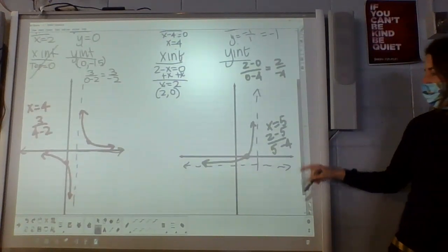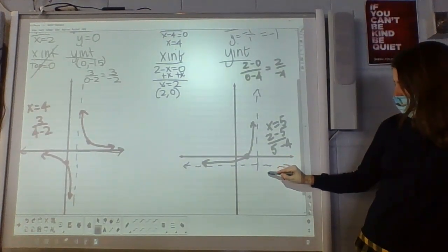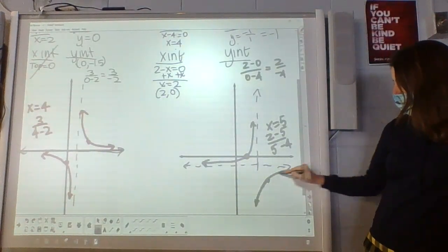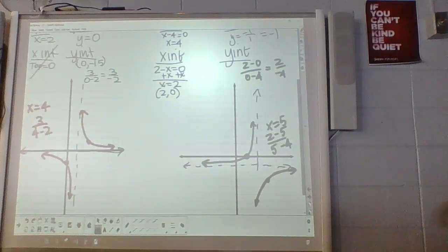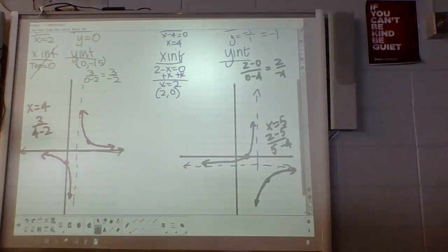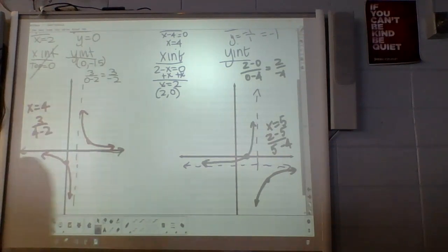So we're looking at the coefficients. So what's the coefficient in front of the x on top? Negative 1. And then on the bottom, 1. So the horizontal asymptote is going to be at negative 1, because of those coefficients. So that's the other type that we'll encounter. There's probably going to be one of each kind.